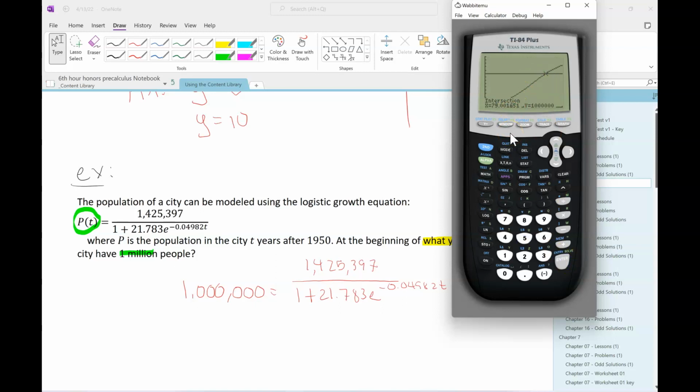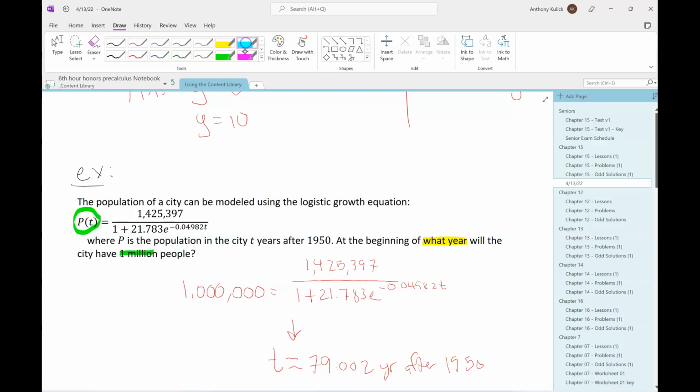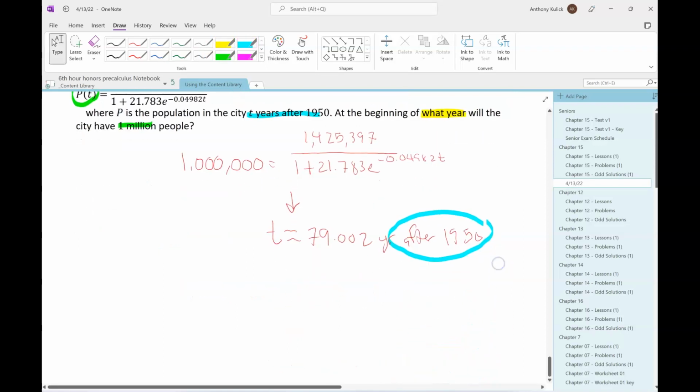And I get about 79.002. Remember that T is, again, going to be years after 1950. So this is 79.02 years after 1950.